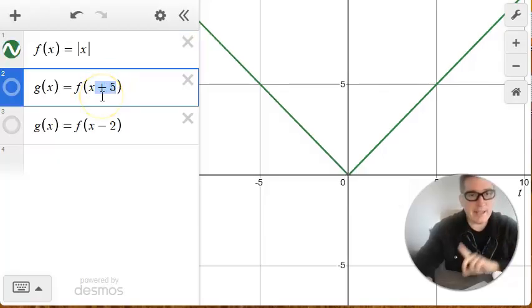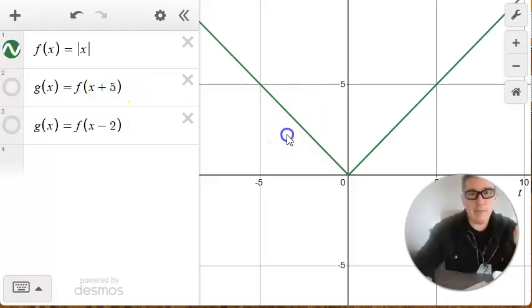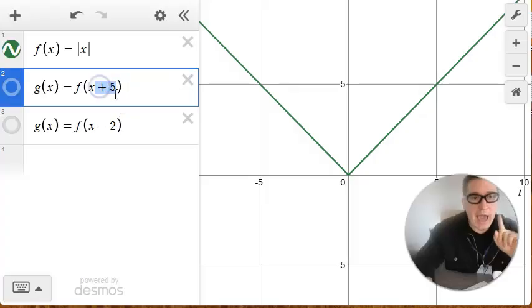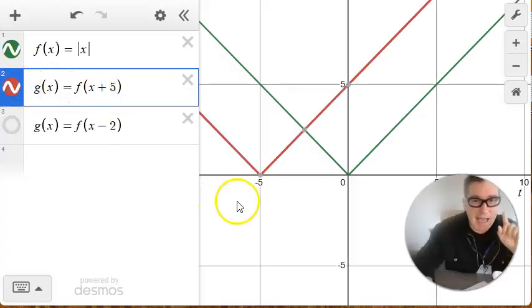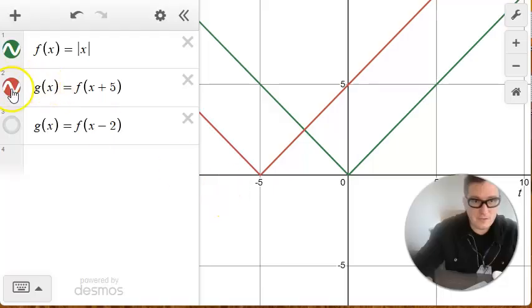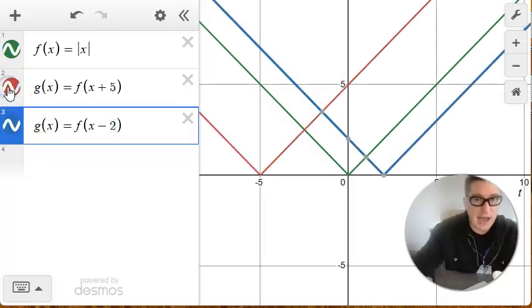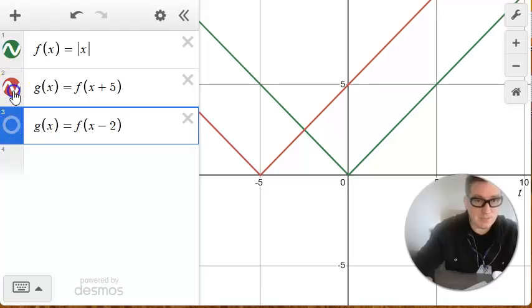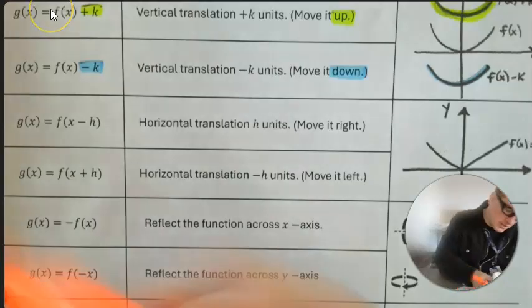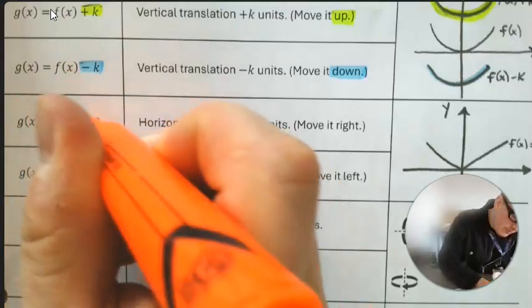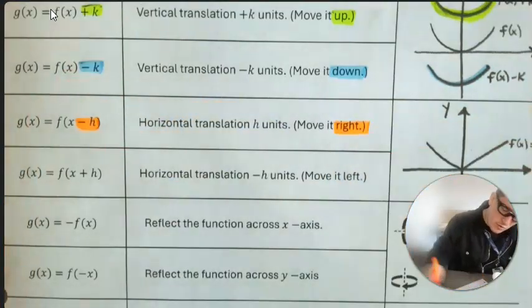Notice I'm making a change to x, and making a change to x is going to shift things horizontally. Now here's the funny thing about this. It kind of does the opposite of what you think it's going to do. If you add 5 to x, it actually moves it to the left. Or if you subtract 2 from x, it actually moves it to the right. So subtracting a number from x moves it to the right.